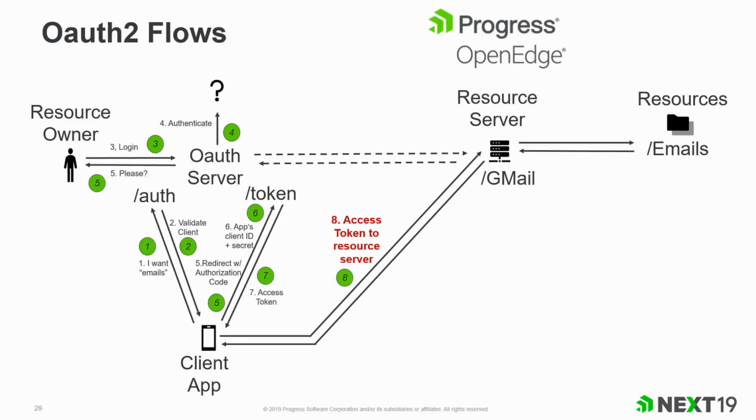Actually, I'm going to skip that part. Step 8. The resource server, which is the domain of the PAS-OE, hosts protected resources, right? It can either accept or reject a resource request after it examines the access token. It gets to decide. But as a side note, especially in the implicit flow, client apps should store that ID token not in the URL itself, because that just provides more exposure.